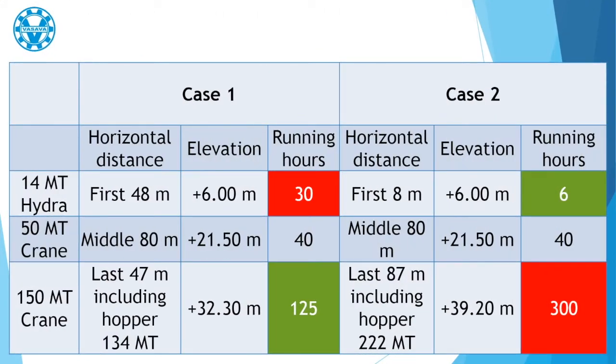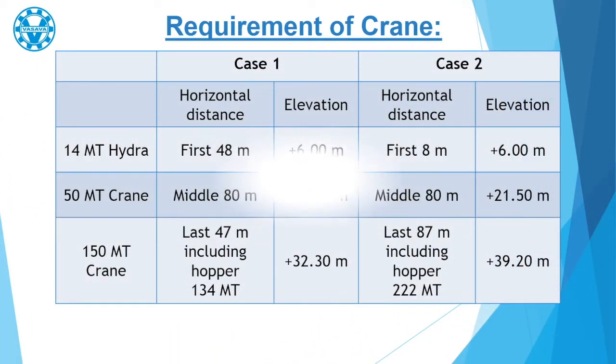Now, let us come to the point why we are discussing all the details. Please see the running hours as indicated. Our requirement of crane, say for the first case, is Hydra 14 metric ton for the first 48 meter, crane 50 metric ton for the next 80 meter, and crane 150 metric ton for the last 47 meter including the hopper building.